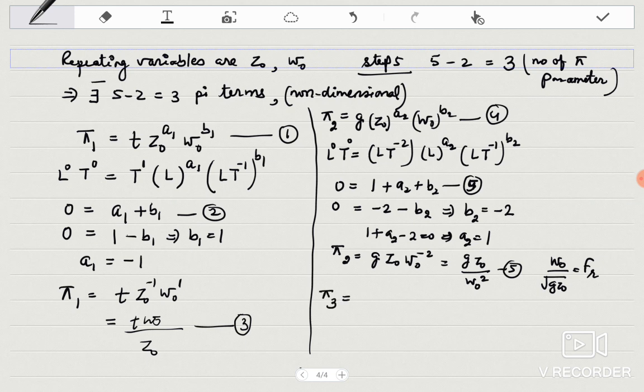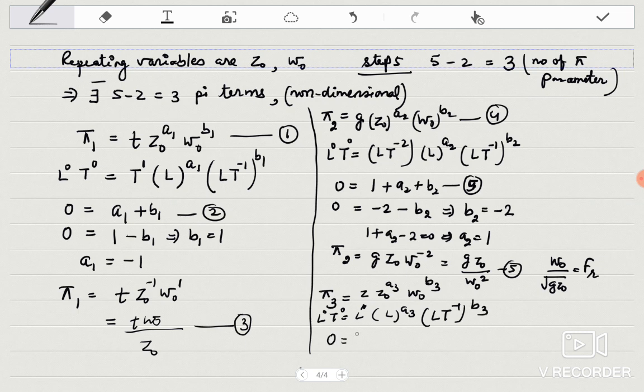Now in the same way I'll get the third one, pi 3. Pi 3 will be written for z. It is z naught a3 and then w naught b3. Again the same procedure, L naught T naught. Z means L, so L raised to the power 1. Z naught means again L raised to the power a3, and it is L T minus 1 raised to the power b3.